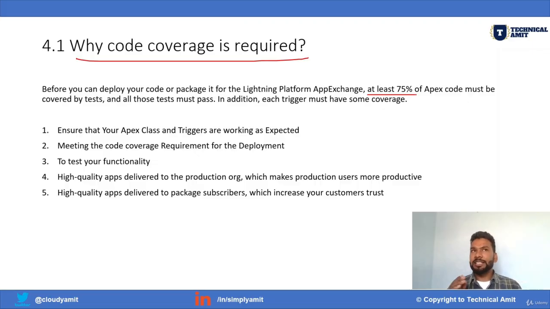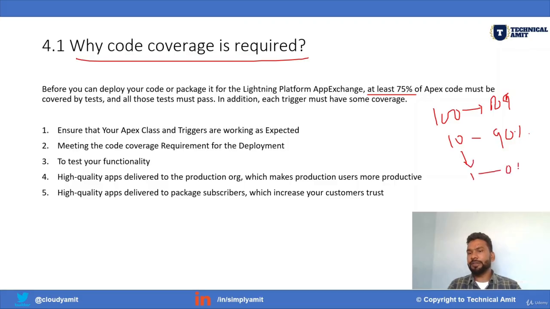On the other hand, Salesforce also requires that if you have any Apex trigger, that Apex trigger must have at least 1% of code coverage. That means, suppose you have 100 classes and these 100 classes have 89% of code coverage, and then you have 10 triggers and these triggers collaboratively have 90% code coverage, and out of the 10 there is one trigger which has 0% of code coverage.